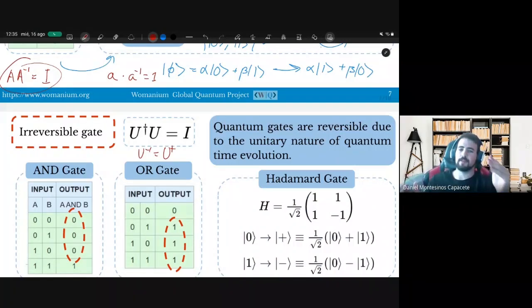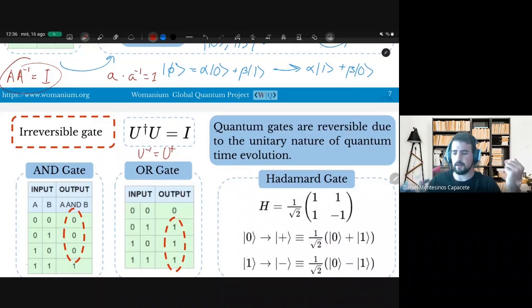So if you have a unitary quantum evolution, or unitary time evolution, that means that the time evolution is going to be reversible, right?